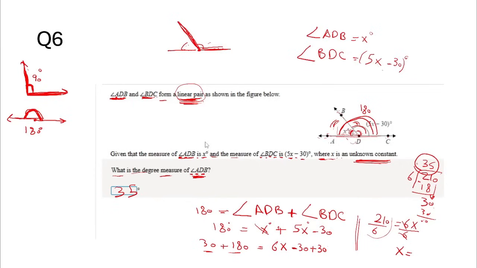Okay, let's say we ask about angle BDC. Again, for this, assume this is A and this is B. What is the measure of BDC?